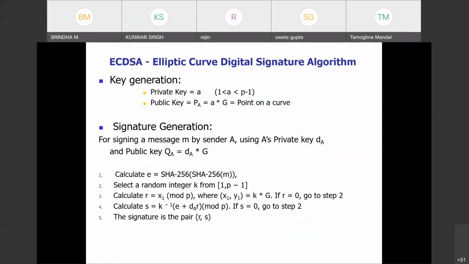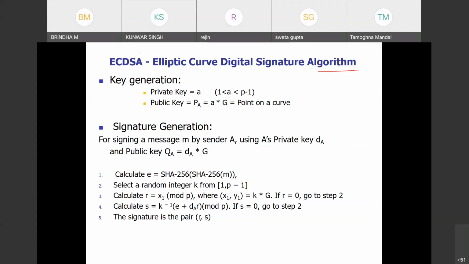So I'll quickly go through this part. Now, the elliptic curve digital signature algorithm. Here the key generation part is the same.